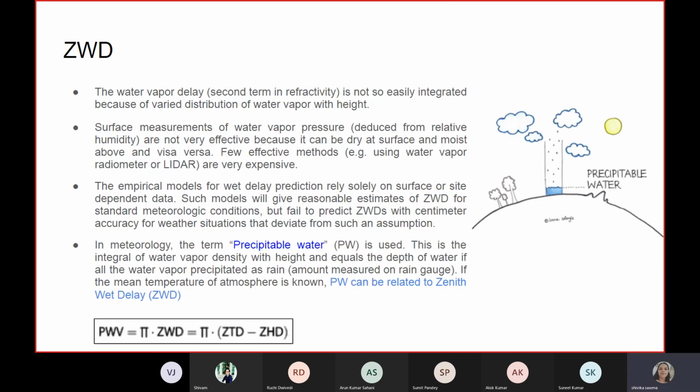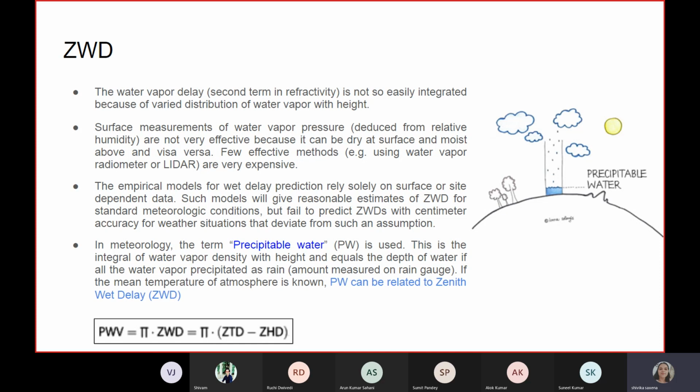Talking about zenith wet delay, caused by the wet portion of the refractivity inside the troposphere, this is difficult to model, so generally we do not use empirical models for prediction of wet delay. Wet delay prediction through empirical models is done through surface measurements of pressure and other meteorological phenomena.